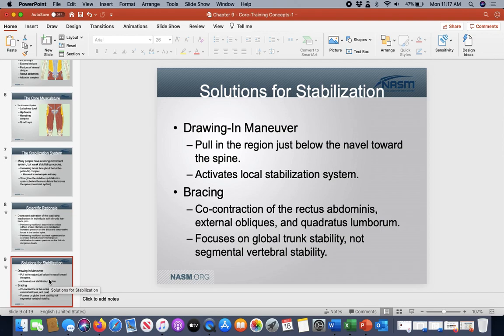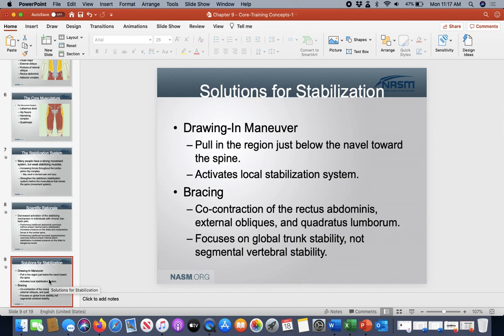All right. So how do we work with stabilization? We can do everything from, like it says there, the drawing in maneuver, where you're trying to pull the belly button in toward the spine. It's a navel, belly button, same thing.